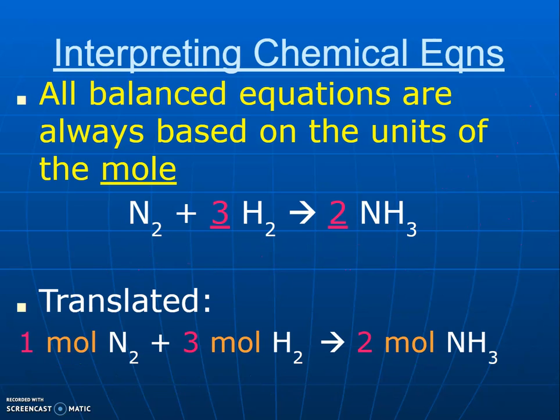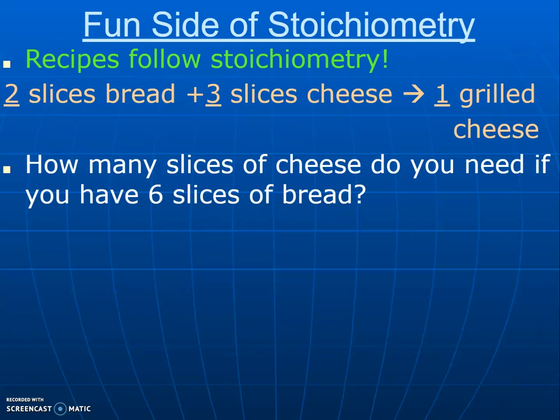If we start stoichiometry by looking at what we do in a recipe or in the kitchen, we can usually get a good feel of how this is going to work out. This is my recipe for grilled cheese sandwiches. You take 2 slices of bread and 3 slices of cheese.